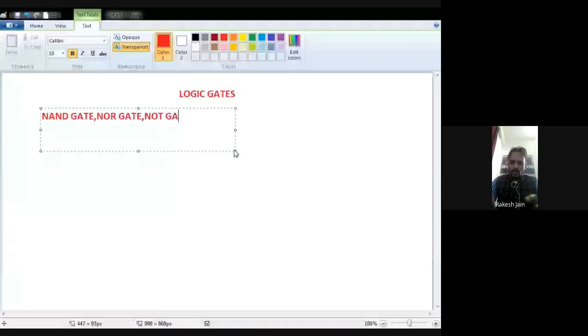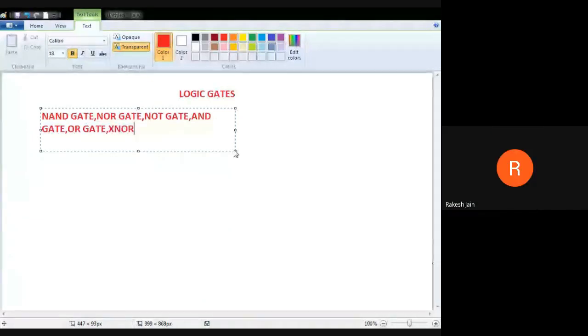And then what are the different IC numbers of those logic gates, the symbols, the definition, the truth table, and their equations. So see this MS Paint file first of all, and I will start about the logic gates.